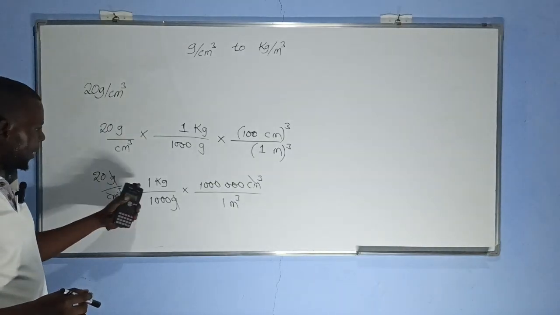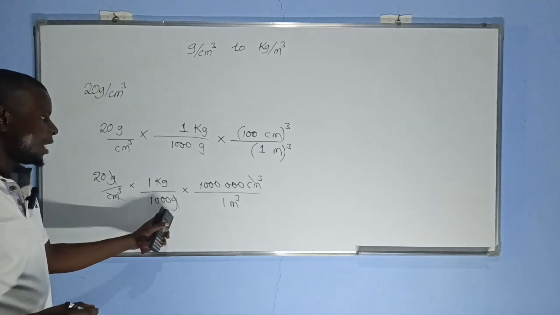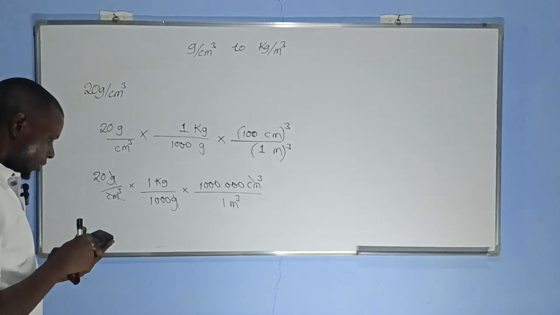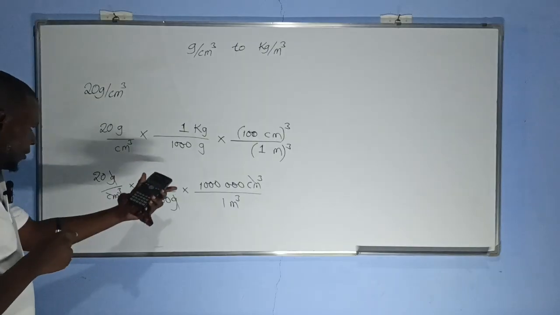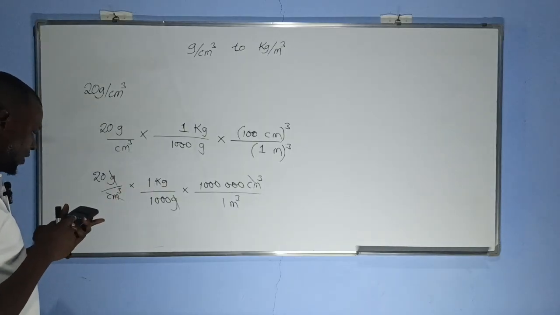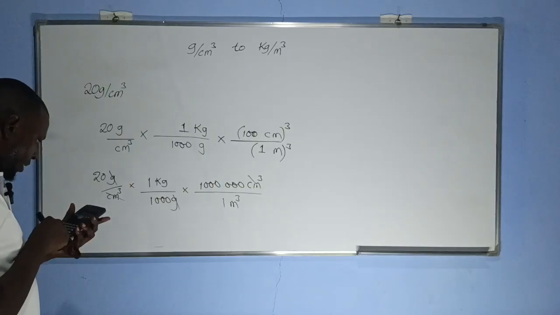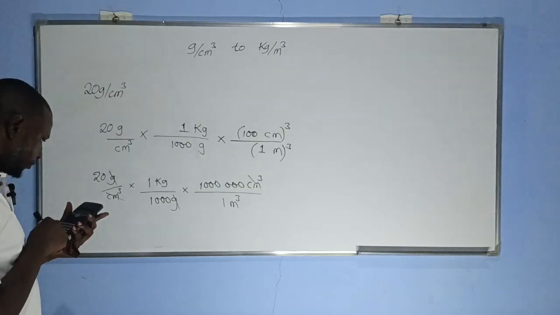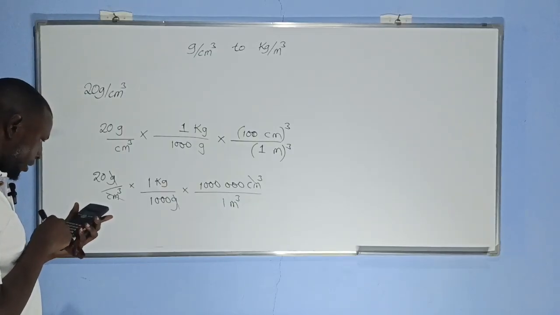Multiply 20 by 1 by 1,000,000 and then divide it by 1,000. So let's do that. A million multiplied by 20 will give us 20 million. So I'll say 20 million divided by 1,000.